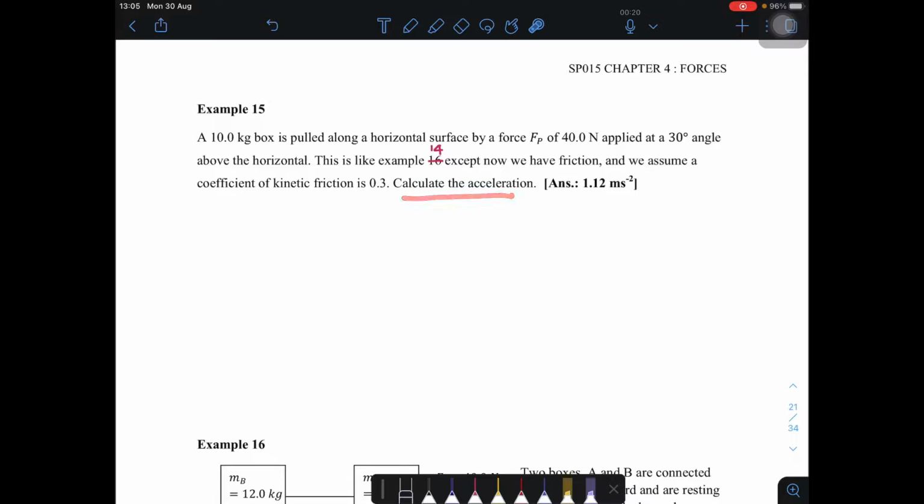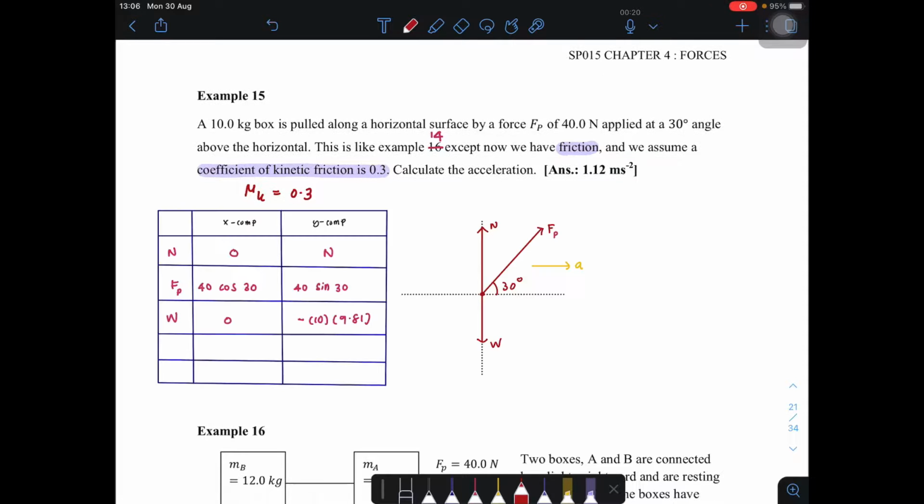Calculate the acceleration. So this is the same as example 14, but now we have friction, with the coefficient of kinetic friction given as 0.3.